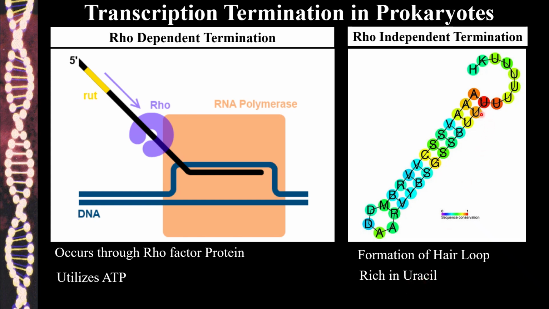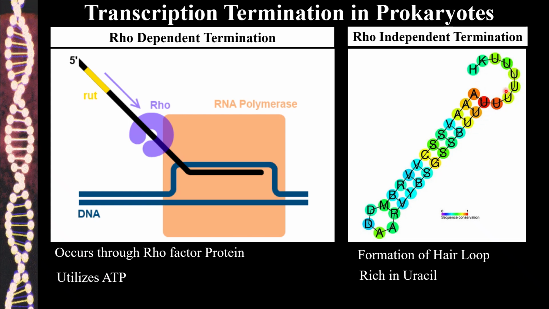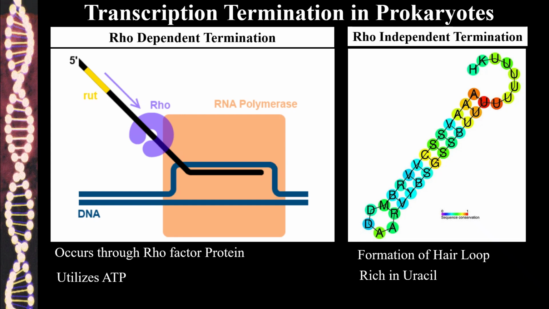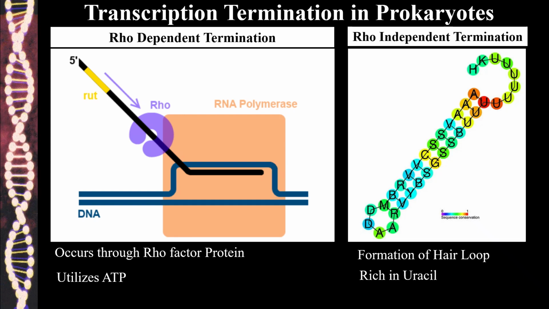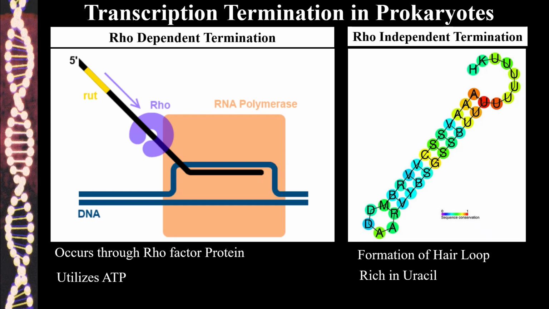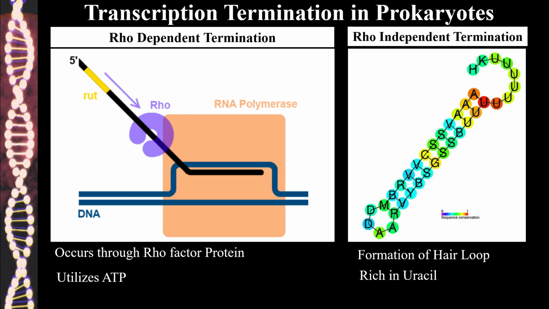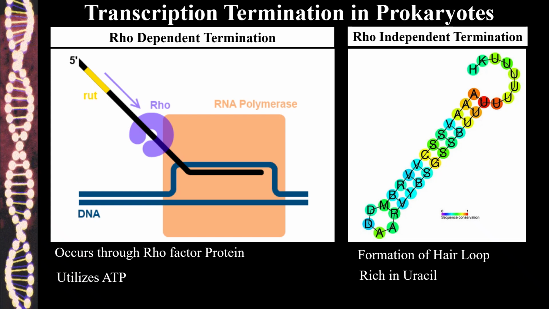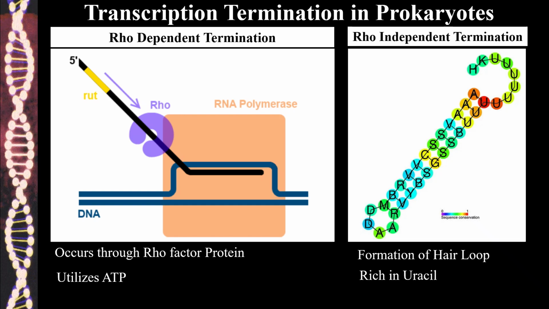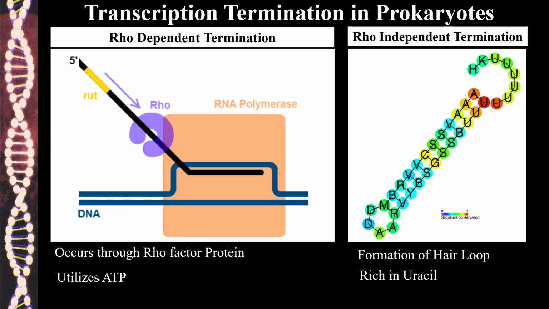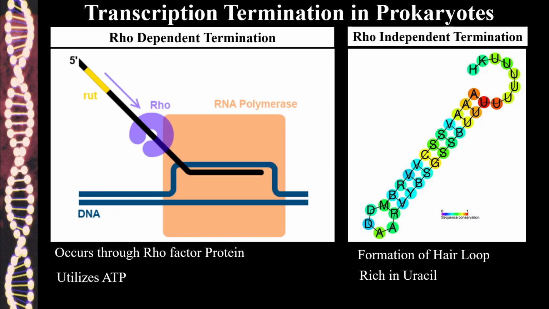When they are rich in uracil, they form the self-complementary base pairing. They form the shape of a hairpin loop. Because of this change in their structure, it will lead to the dissociation of the RNA polymerases. RNA polymerases will stop and dissociate from the DNA, and then the synthesized RNA will also be set free.